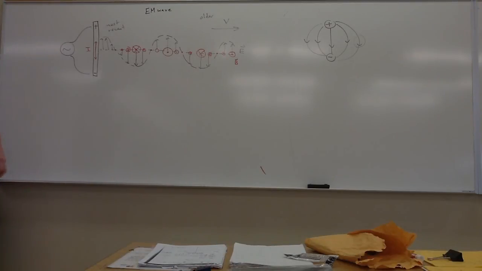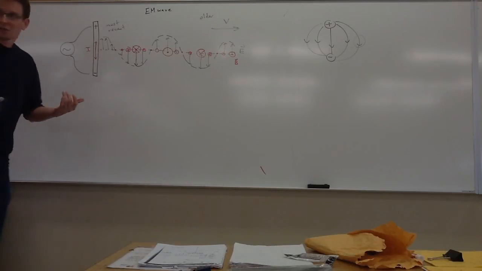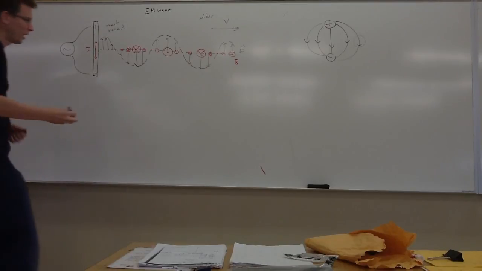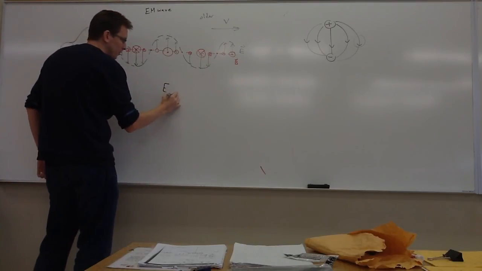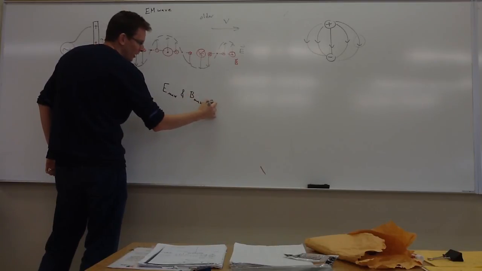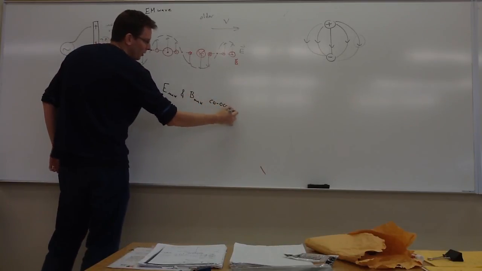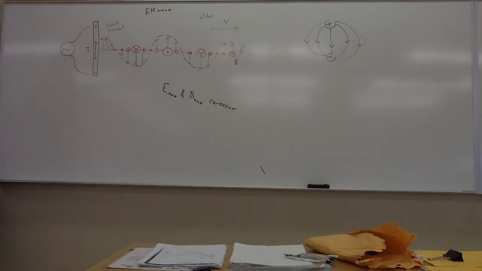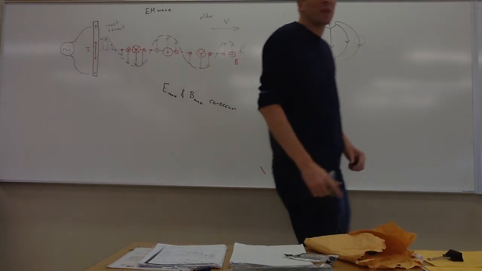Let me give you a few of the features, and again, I didn't justify this at all, but I'll tell you now that Emax and Bmax happen simultaneously, so I guess I can say they co-occur. So when the electric field strength is at its largest, so is the magnetic field.